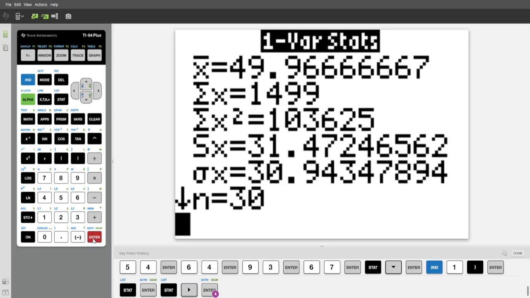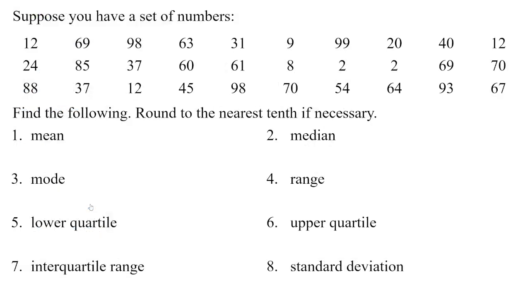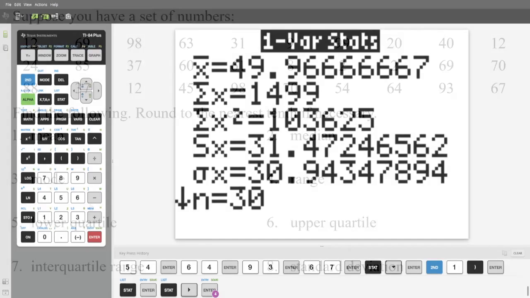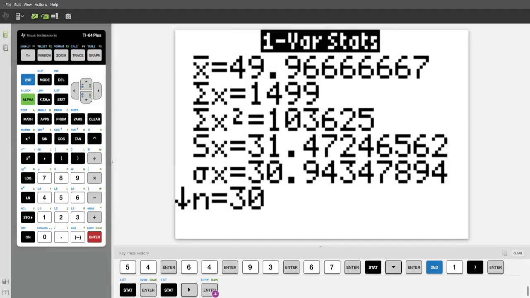Okay, now the first thing that the example wants you to find is the mean. The mean is where you add up all the numbers and divide by how many of them there are. At x-bar, the very first thing you see, that's your mean.